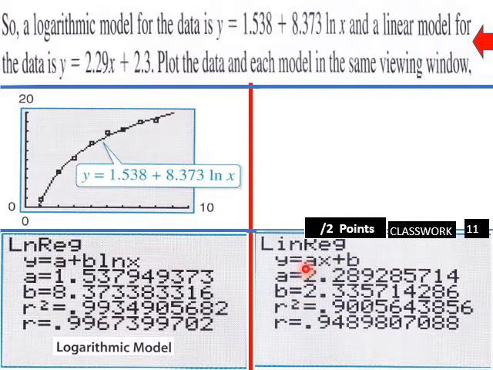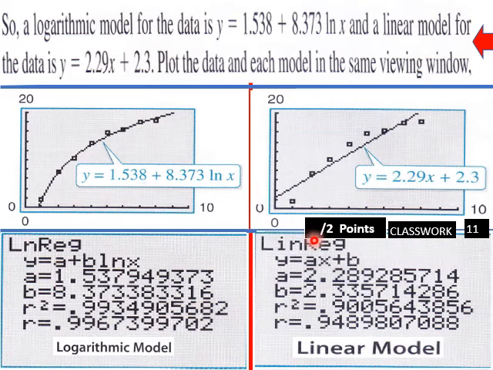So here's our ax plus b, 2.29x plus 2.3. And the graph of that is here. So it seems like here our coefficient of determination is 0.90. And this over here is 0.99. So this is a way better match for that data.